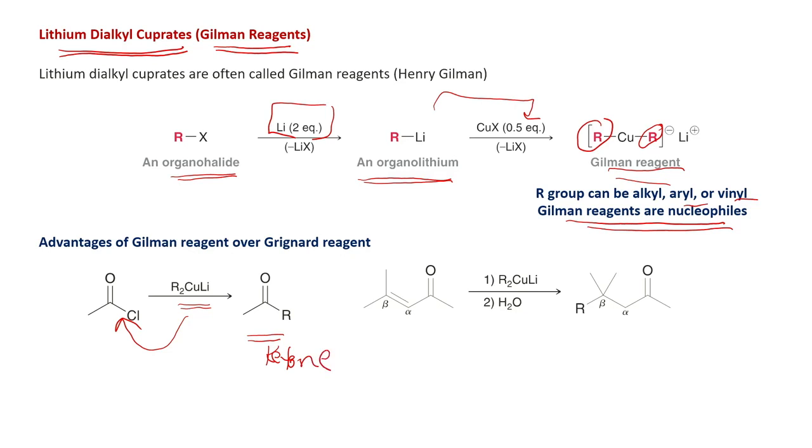But when you treat with Grignard reagent, first it will make the ketone and then one more Grignard reagent will react and give you a tertiary alcohol. And your Gilman reagent, when it reacts with an alpha beta unsaturated carbonyl compound, your R group will attack this beta carbon and you will get this Michael addition product. But it is not possible with Grignard reagent.